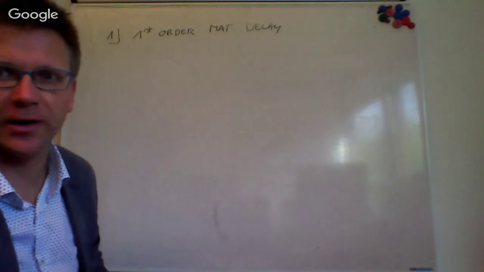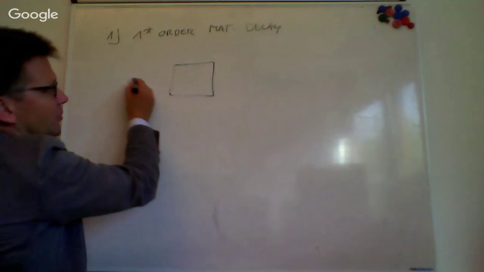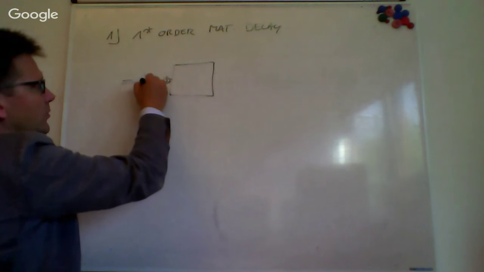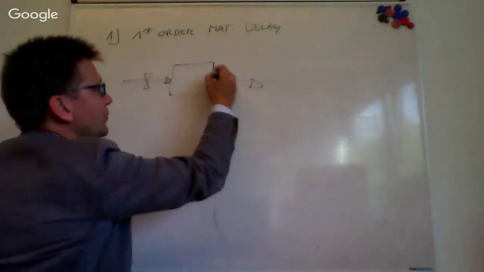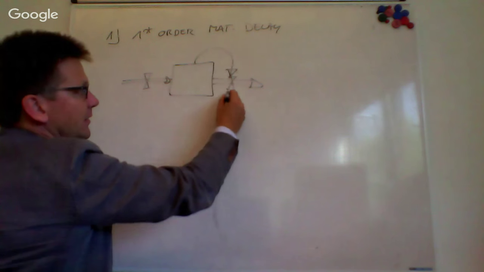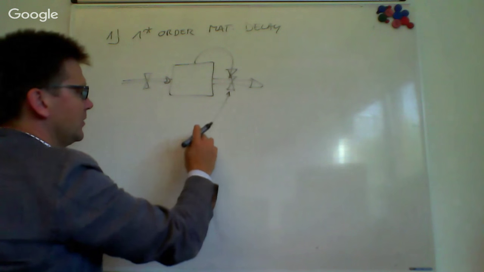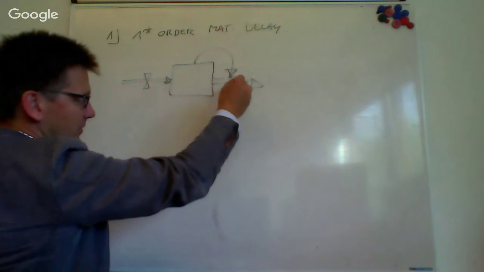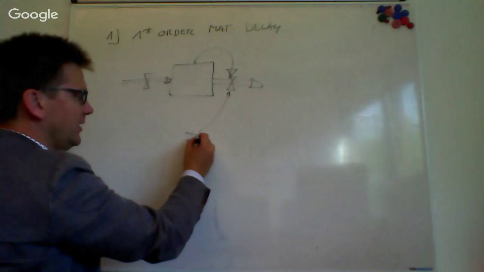First order material delay. We can actually model this with just a stock, an inflow, and an outflow, which is proportional to the stock. The equation in the outflow is basically the stock divided by some delay time.